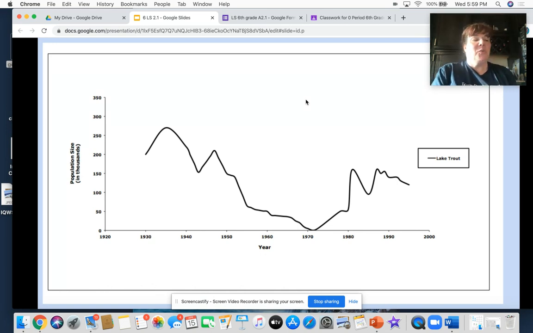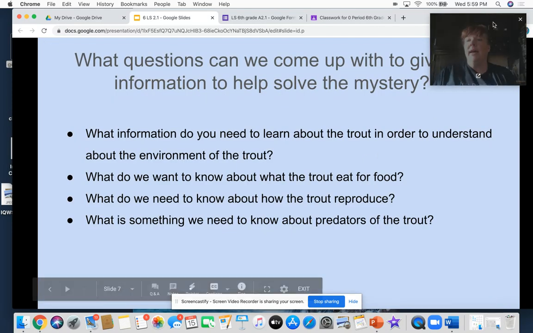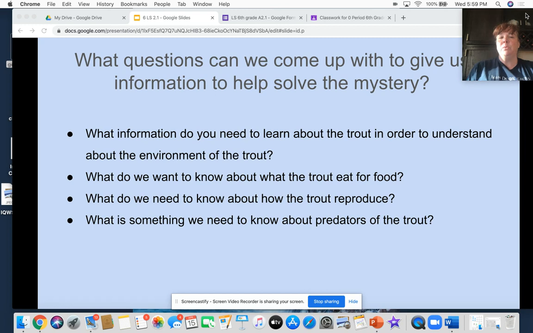So we're going to be looking at some questions that we can ask as investigators. What information can help us? We don't know very much about lake trout here in Nevada. None of us that I know of are fishermen. We can probably go fish on Lake Mead, but this is not native to our environment.